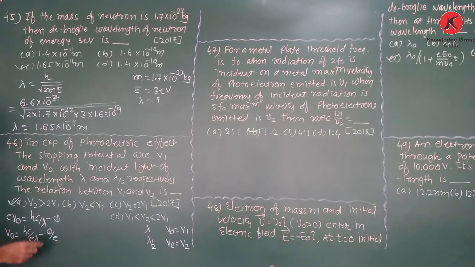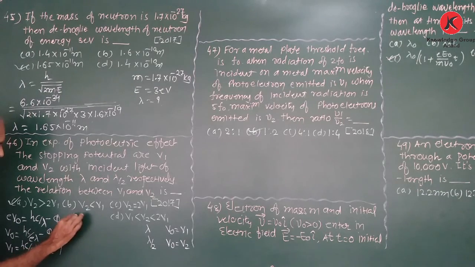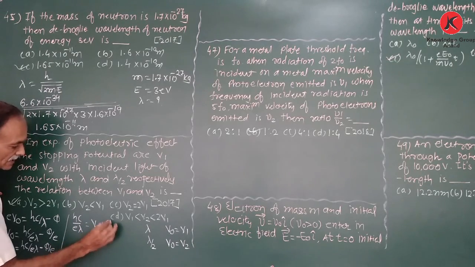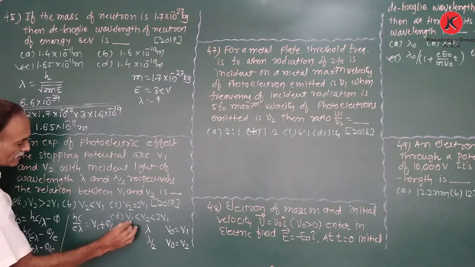Now, when the wavelength is lambda, the stopping potential is given as V1. Therefore, V1 is equal to hc upon e lambda minus phi upon e. So, from this equation, hc upon e lambda is equal to V1 plus phi upon e, equation 1.